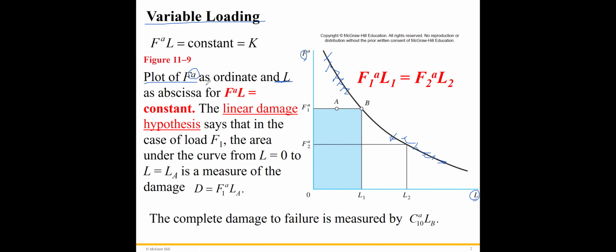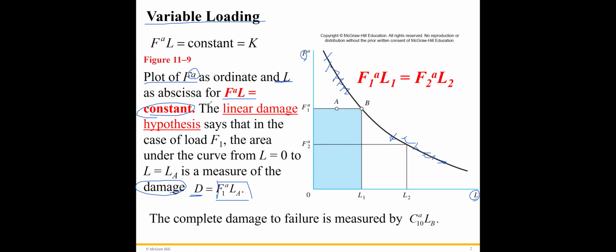That is, in the case of the load F1, the area under the curve from L equals 0 to L equals LA is a measure of the damage, D. Therefore, engineering-wise, the damage equals F1 to the power of a times LA. Therefore, we define F to the power of a, times L, equals a constant.